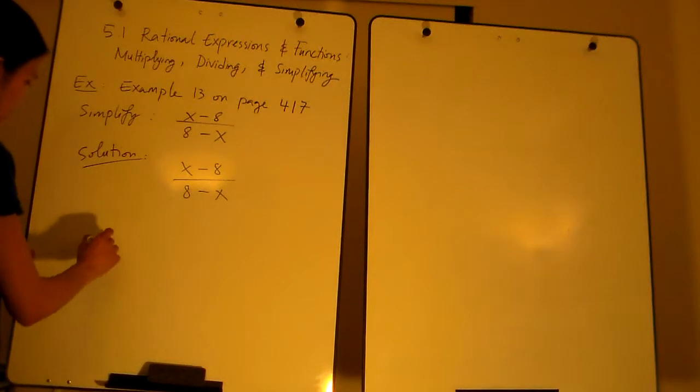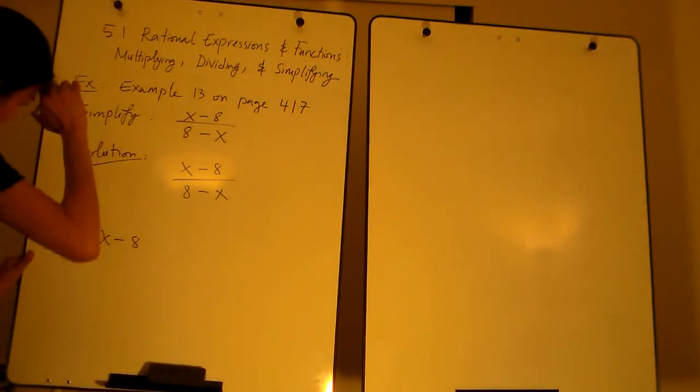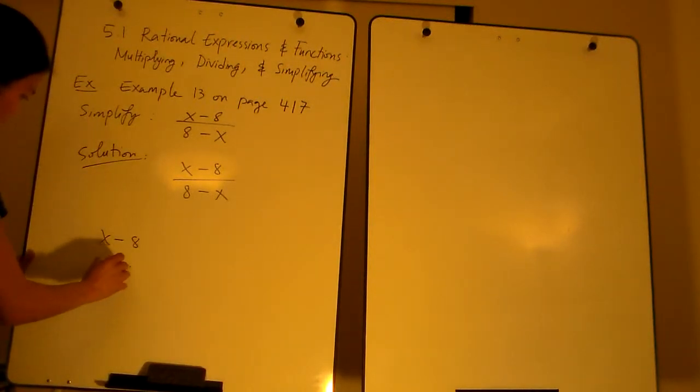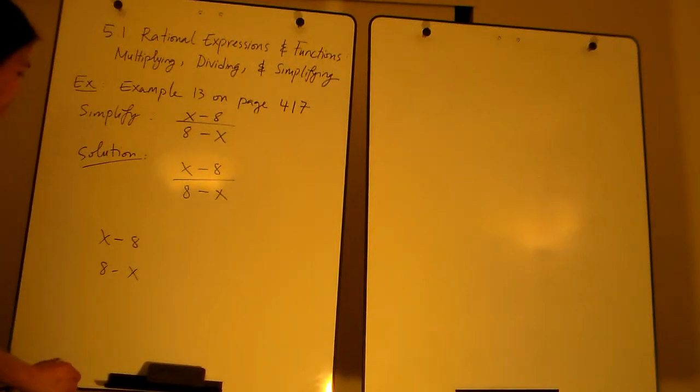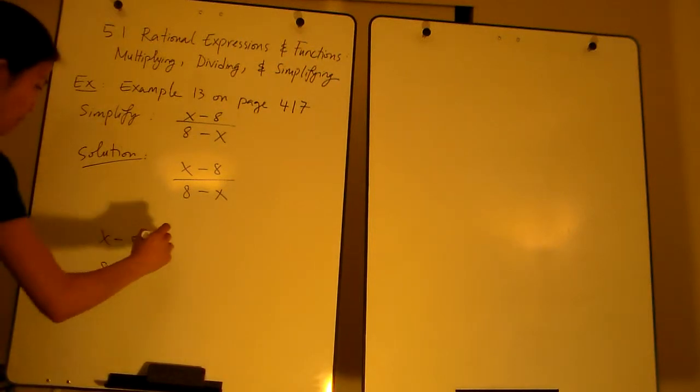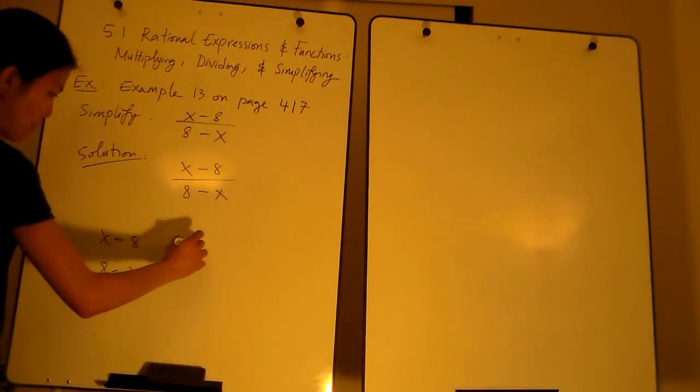Now, x minus a and a minus x are opposites of each other. It means if you factor out -1, let's say you pick this first one, you factor out -1.